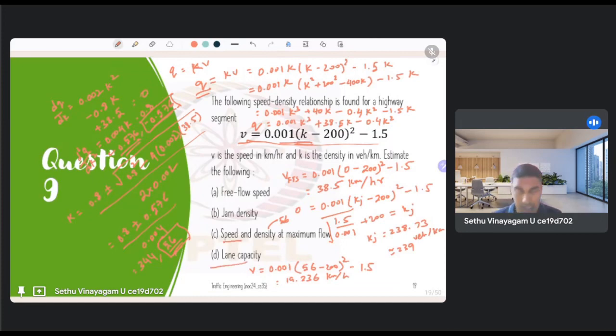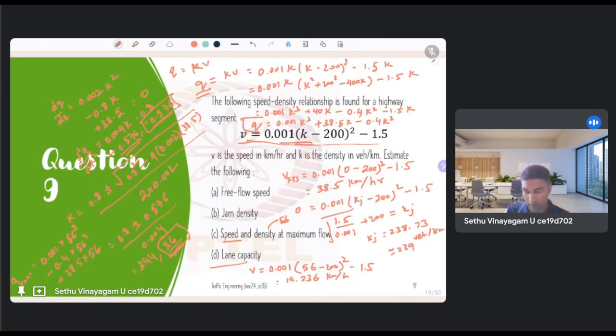So then we have to find lane capacity. Lane capacity is nothing but the maximum flow value. So how can we get the maximum flow value? We know the density corresponding to the maximum flow, which is 56. That can be substituted into the flow equation. Okay, so that will give us the maximum flow. So q max will be 0.001 into 56 cubed minus 0.4 into 56 squared plus 38.5 into 56.